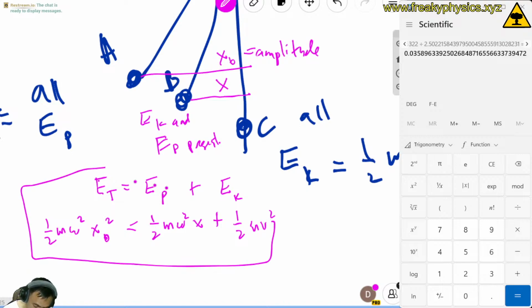The total energy and the potential energy are only equal at the amplitude. Everywhere else, the potential energy is going to be less than the total by this much. And from there, we can use this to find out what the speed of that particle is.